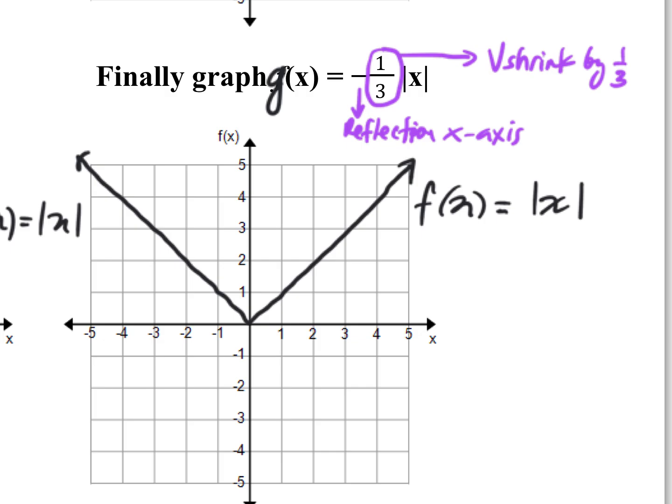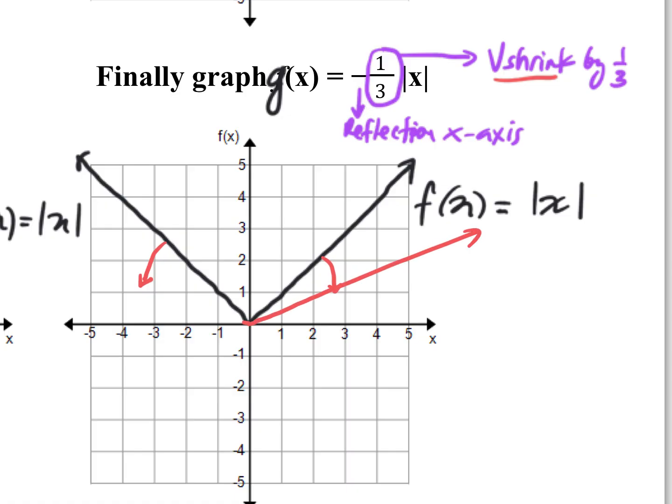When you say vertical shrink, it shrinks towards the x-axis. Since there is a factor of 1/3 as a vertical shrink in here, from the parent function it's going to go towards the x-axis. If we roughly graph this one, it's going to be something like this.